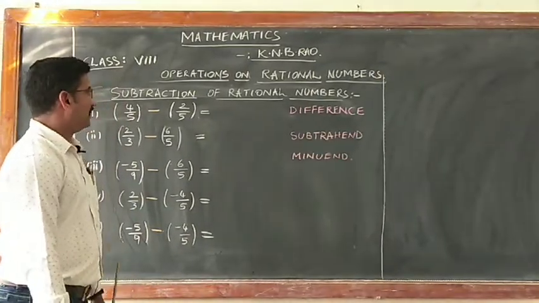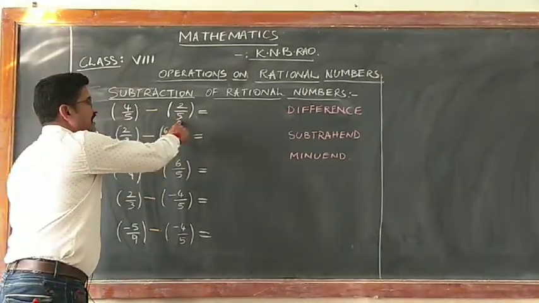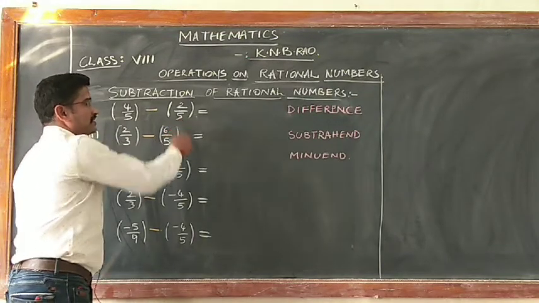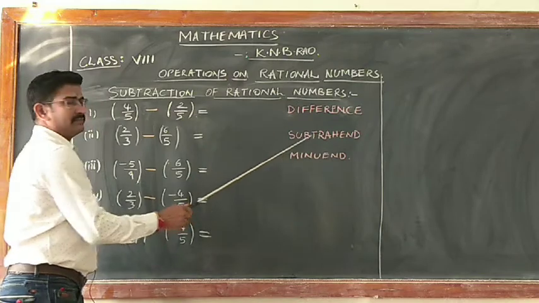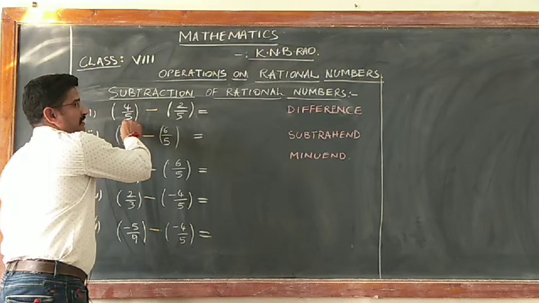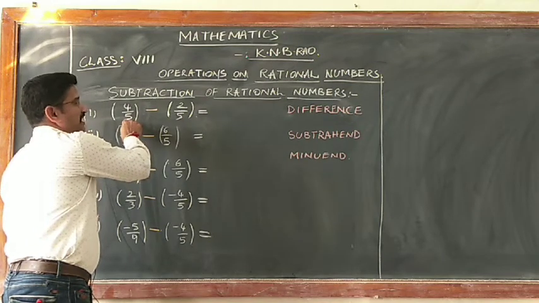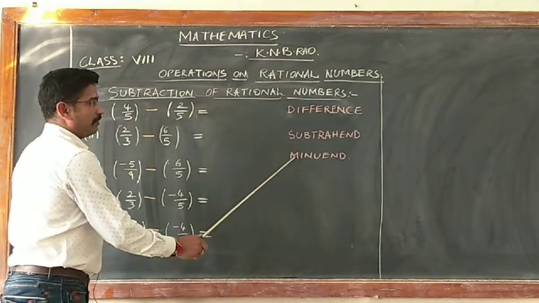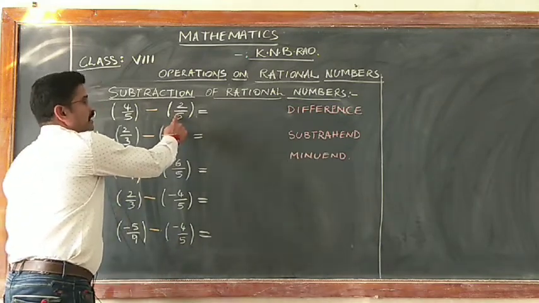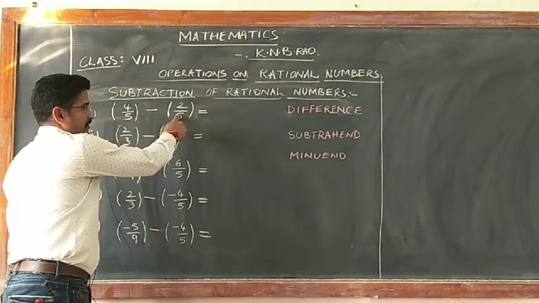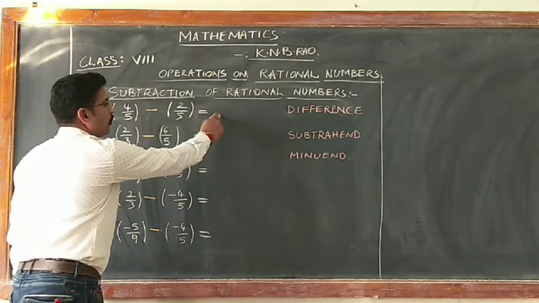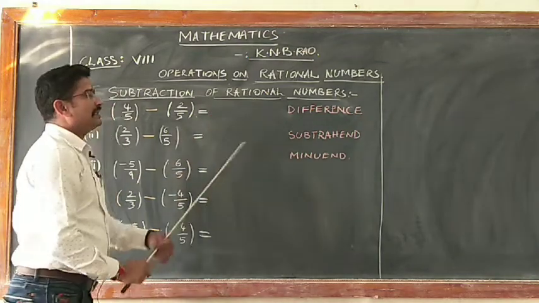The number which is getting subtracted is called the subtrahend, and the number from which we are doing subtraction is called the minuend. So, 2 by 5 is called the subtrahend, 4 by 5 is called the minuend, and the result we are going to get is called the difference.